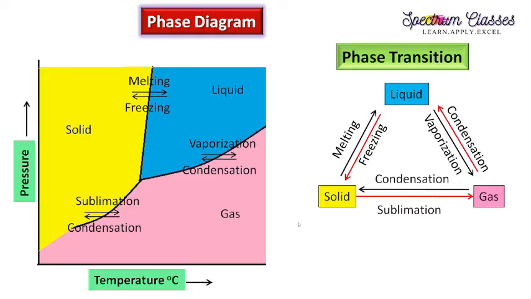So these are the basic points about the phase transitions. One more thing I bring to your notice is that when one phase of a pure substance is converted to the second phase, at that moment the temperature doesn't rise. This is important.